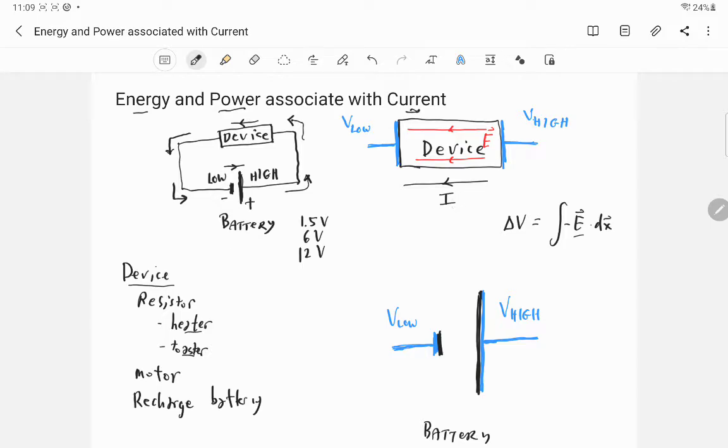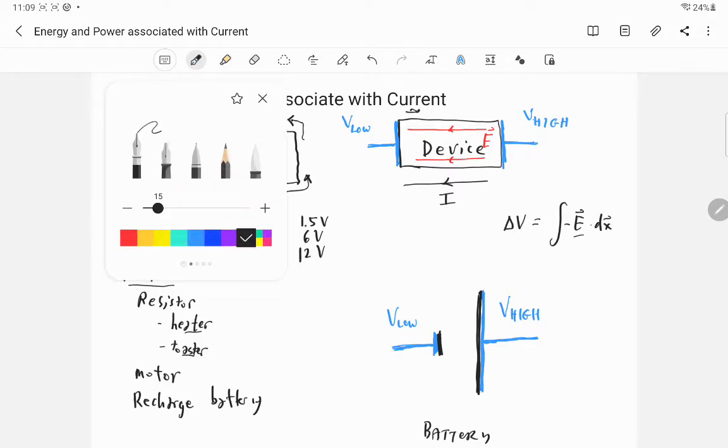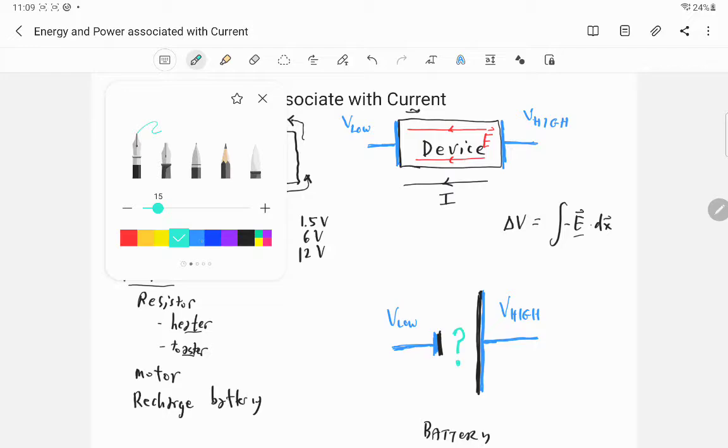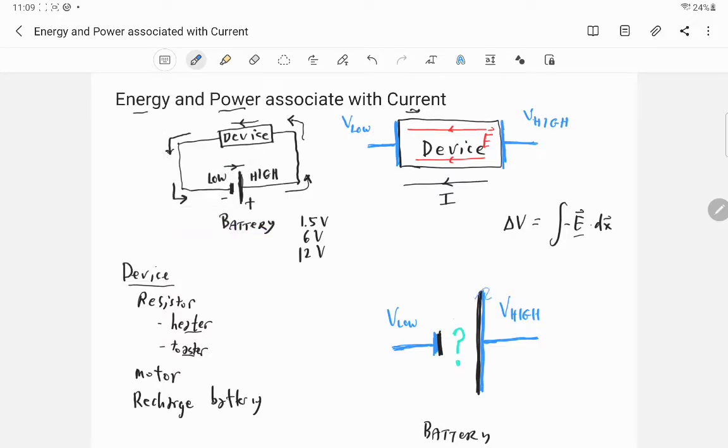So the current I through the device follows the electric field set up by our battery. Now our battery is a very different kind of thing. So I'm going to caution you that what goes on inside the battery is special. But you do know that the battery has an electric field, because it also points from high to low, right?